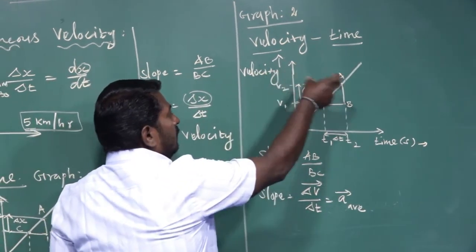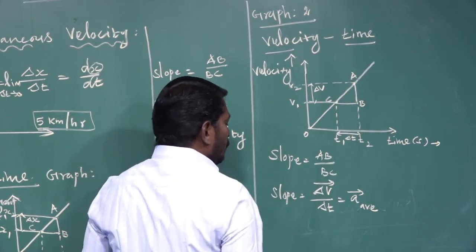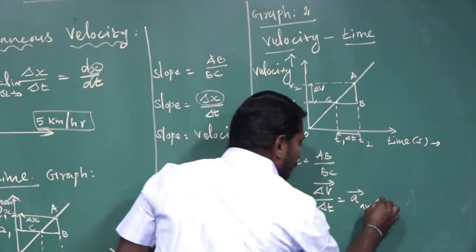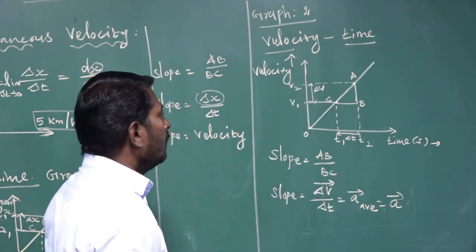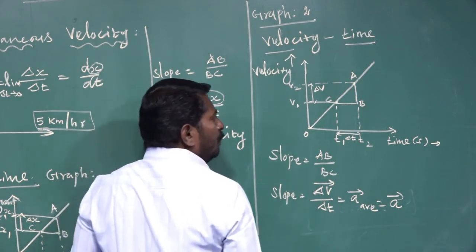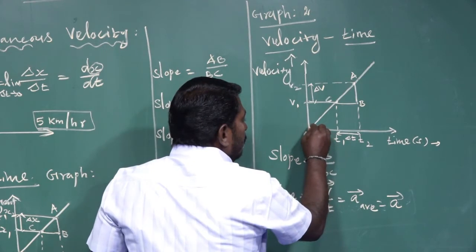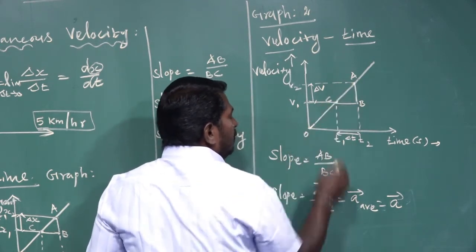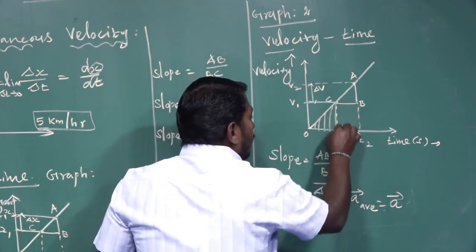In the velocity versus time graph, the slope value gives the average acceleration, or simply the acceleration of an object. As in that graph, we get a straight line starting from the origin. We measure the area under this curve.